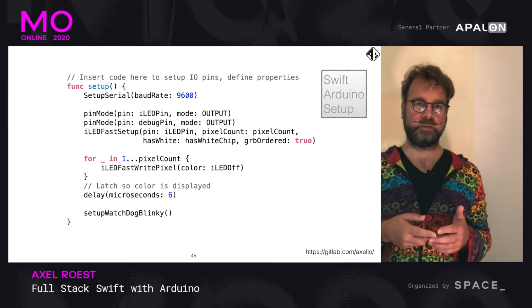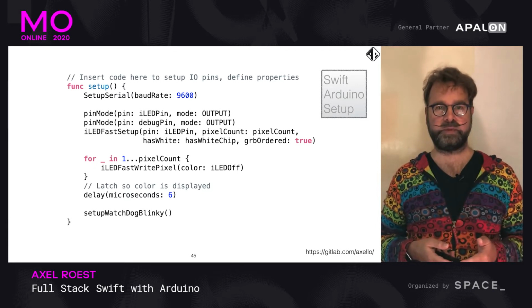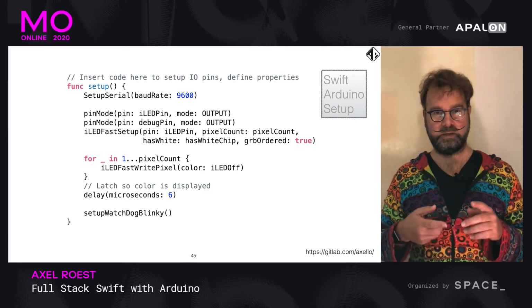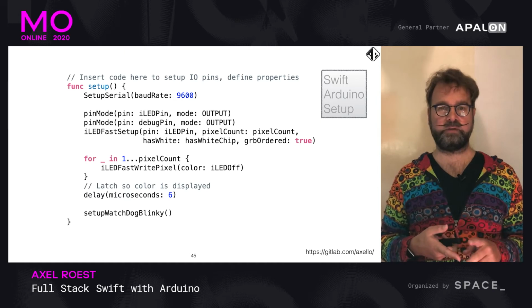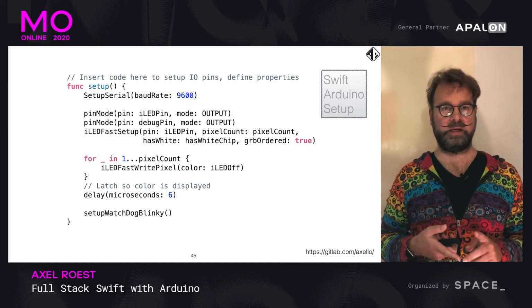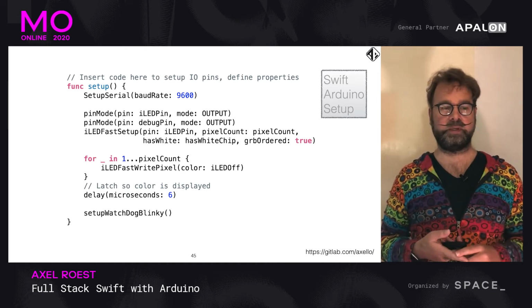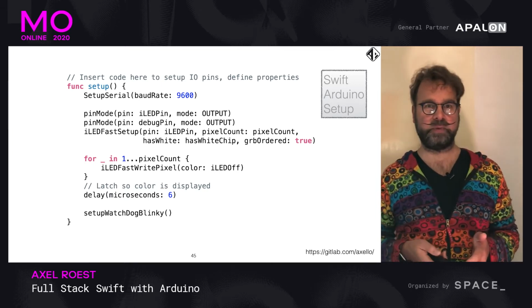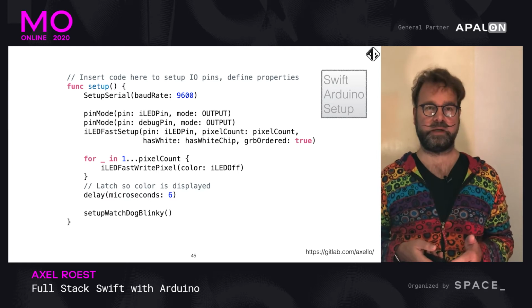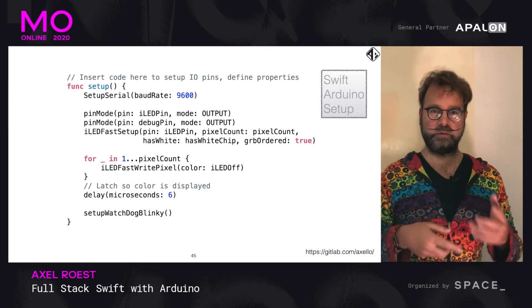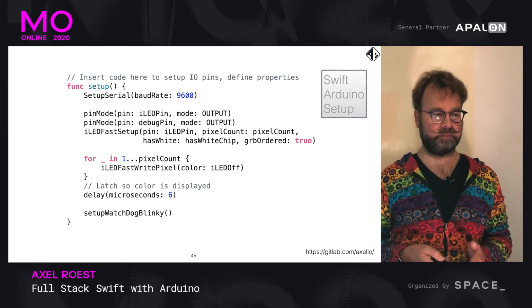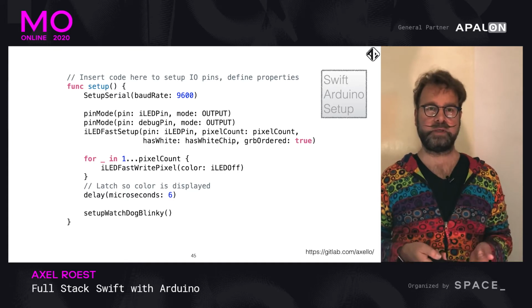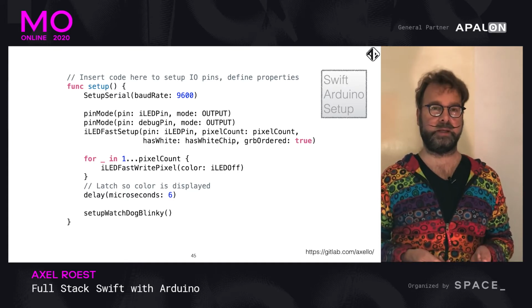Then in the setup, we define the serial port speed and we define the pin modes. So we define here 2 output pin modes, and the analog pin is always an input pin. And we also set up the NeoPixels with the FastLED library, to be able to blink RGB LEDs. And at the bottom, you see a thing called setup watchdog blinky.